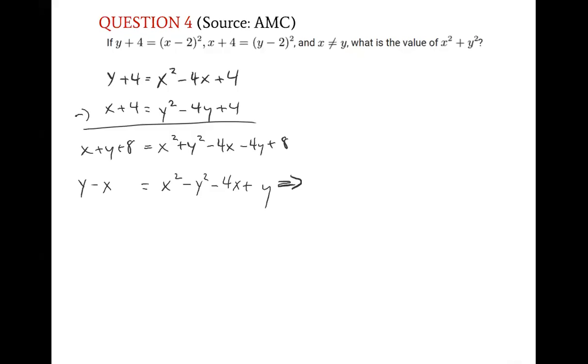Now looking at this one, we can rearrange some stuff to get x squared minus y squared is equal to negative 3y minus that. Oh, yes, that.